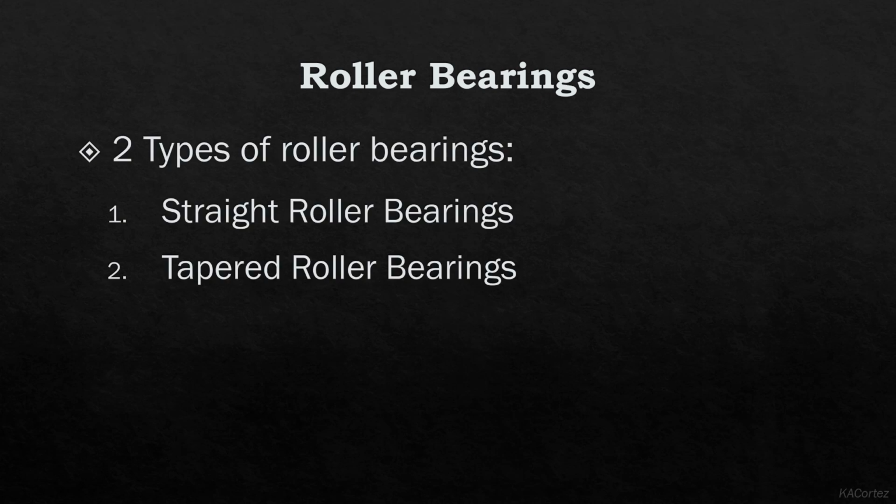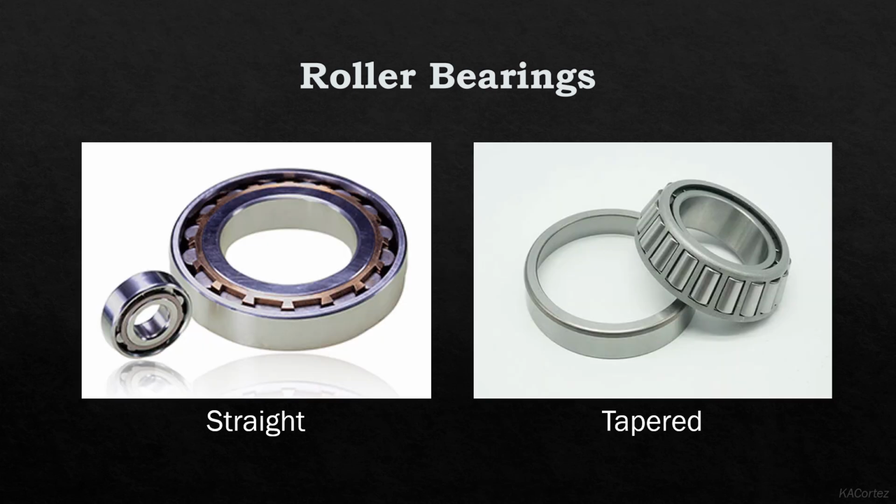The straight roller bearings are suitable when subjected to radial loads only, such as the crankshaft main bearings, while the tapered roller bearings allow the bearing to withstand both radial and thrust loads. So this is an example of the straight and the tapered roller bearings.